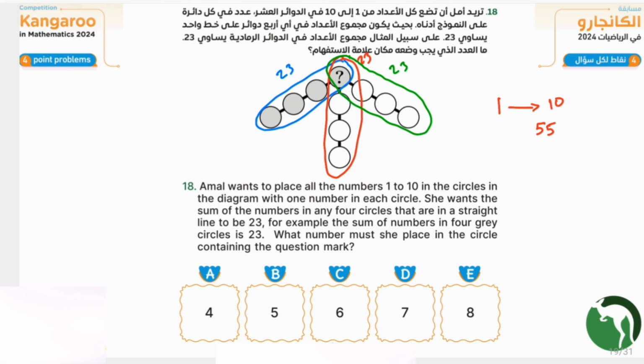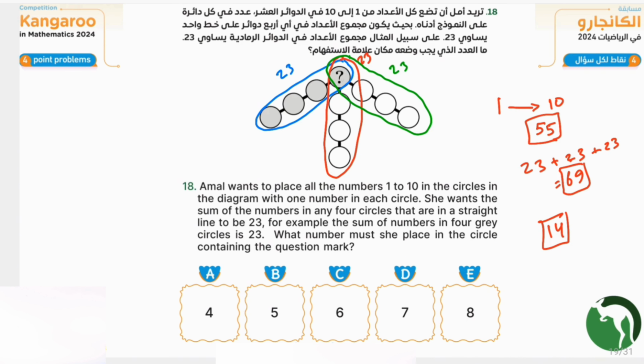Okay, and if we sum these 3 straight lines that each one of them contains 4 circles, so 23 plus 23 plus 23 will give us 69. So the difference between these two numbers, the 55 and the 69, is 14.